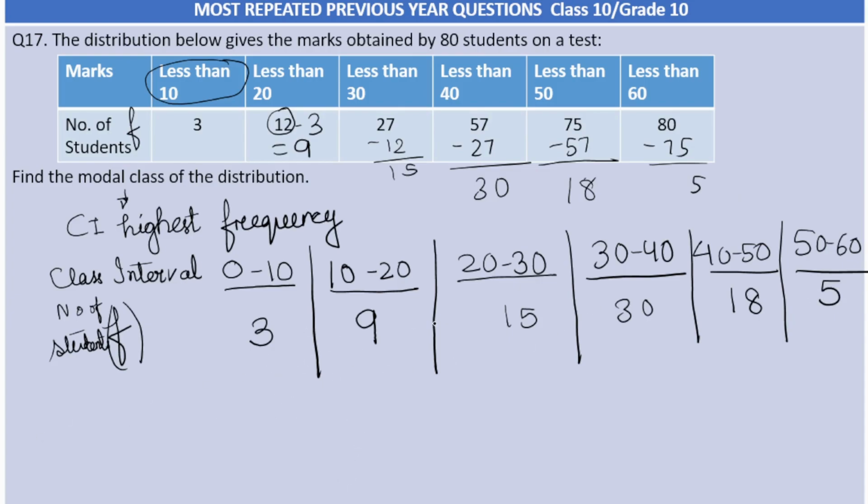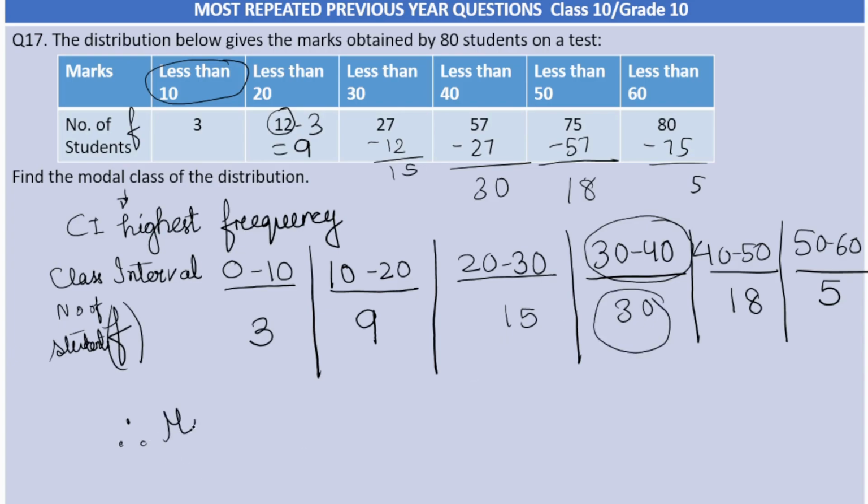So here, if you look at the class intervals, they have all been properly defined. Now we can have a look at the frequency. Here the 30 to 40 class interval has got the maximum frequency, which is 30. So this will be our modal class.